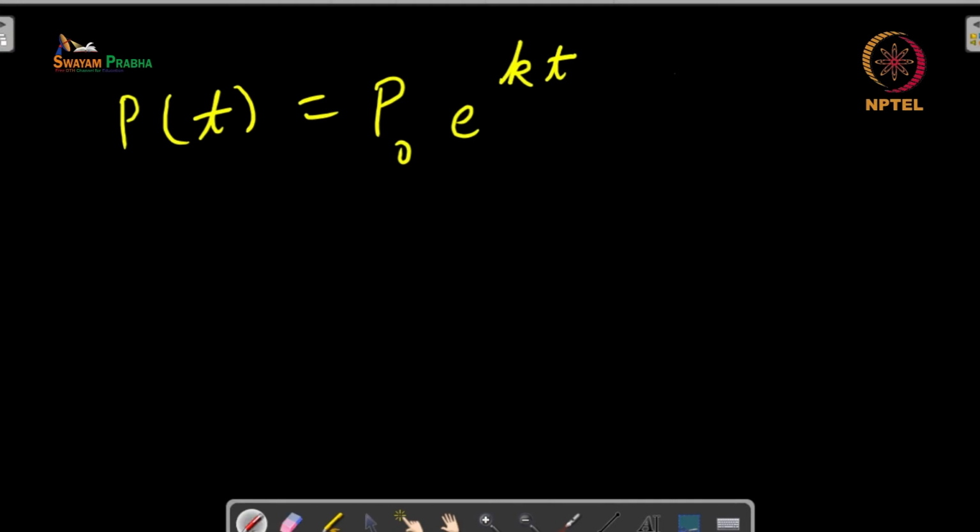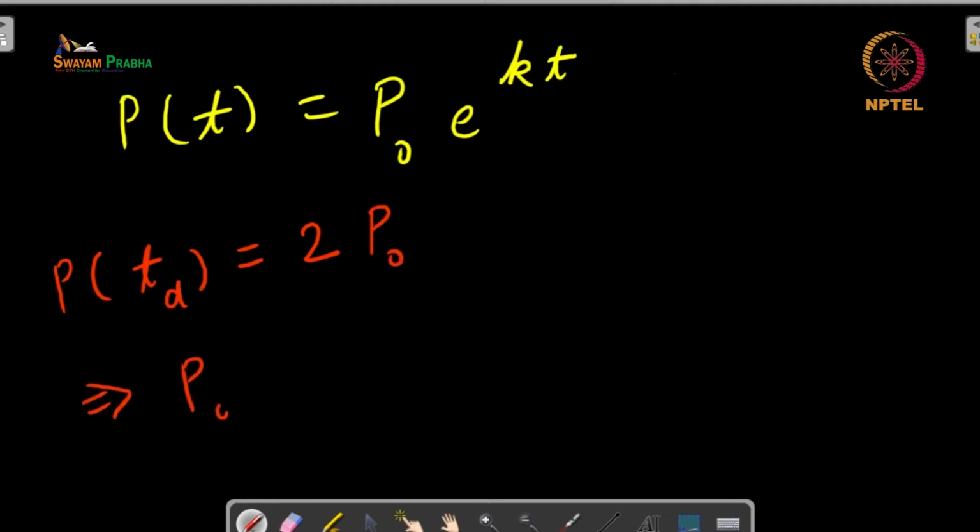Now we are trying to calculate the doubling time. So P at time TD is twice the initial population, which gives us P0 into e to the power k into TD is twice of P0. Now P0 and P0 get cancelled.